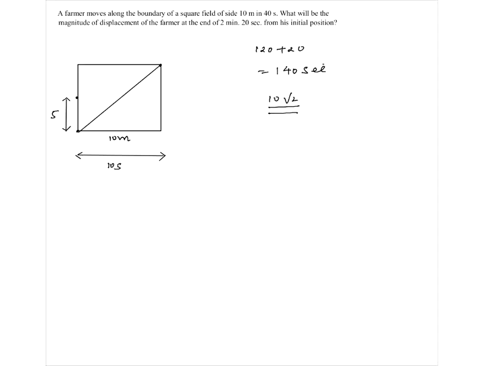And if the whole square is covered in 40 seconds, then farmer is here and it is 10 root 2 meters. This is the displacement vector in that case. Any clarifications, any questions, let me know.